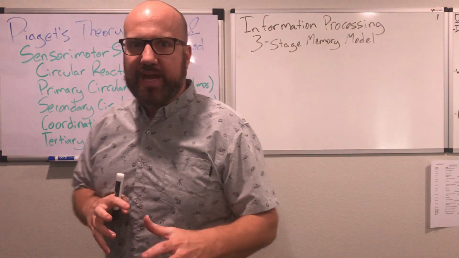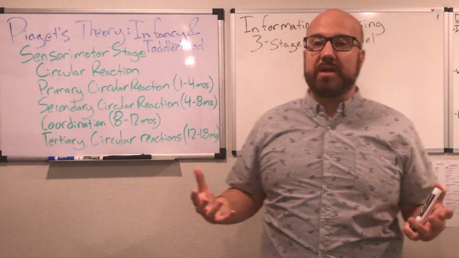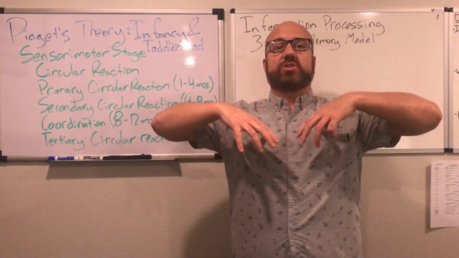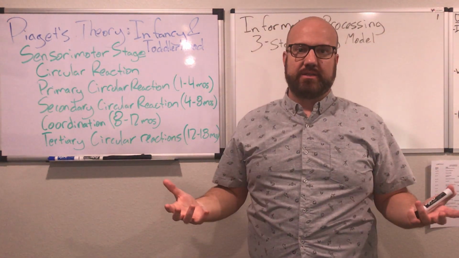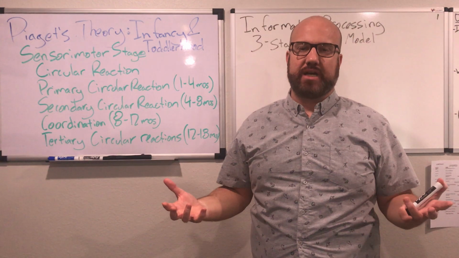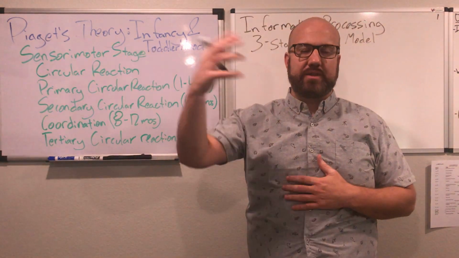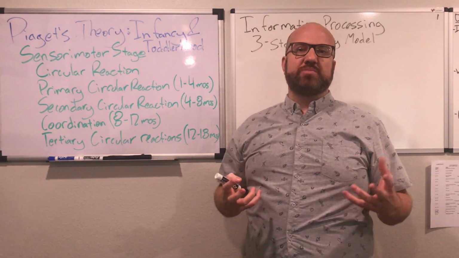Now, back to the 4 to 8 months during the secondary circular reaction. Towards the end of that, we start to see more object permanence. Going into coordination, we see that the child is gaining the idea that things exist when they're not in sight, and that's what object permanence is.